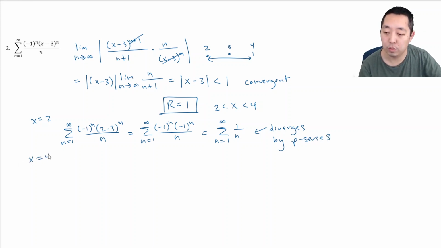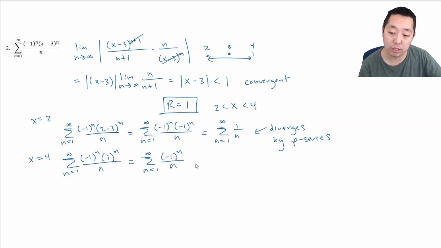How about x equals 4? Well, that's going to be the sum from n equals 1 to infinity of -1 to the n, and then I'm going to plug in 4 minus 3 here for x equals 4. That's going to be 1 to the n, and 1 to the n is just 1. So this is the sum from n equals 1 to infinity of -1 to the n over n.